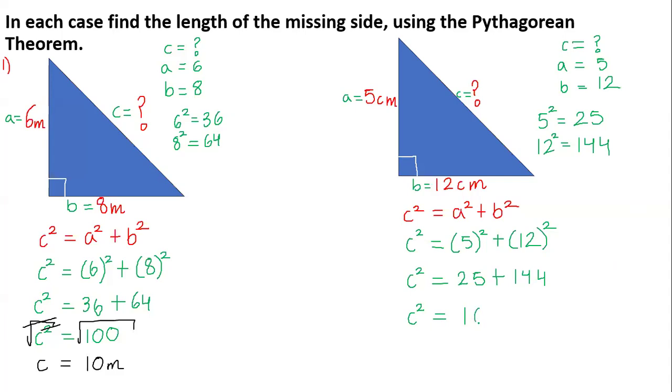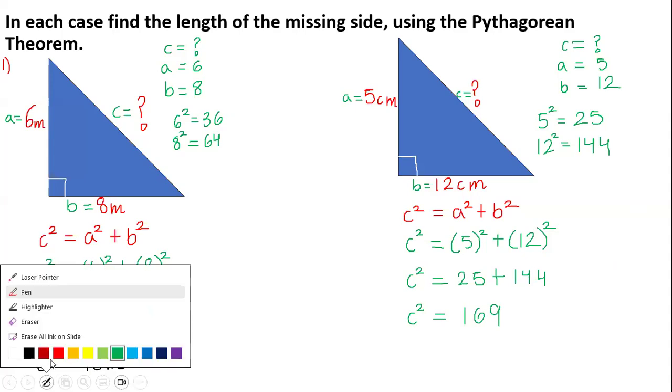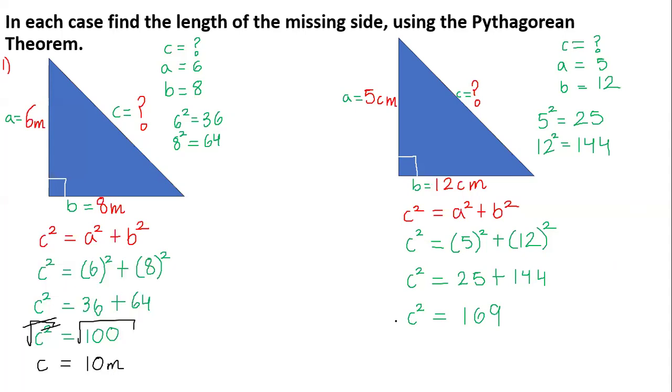And we're done, right? No, sir. What do we have to do? The square root, on both sides, right? So this cancels with that, and we say that C is equal to the square root of 169, which is 13.